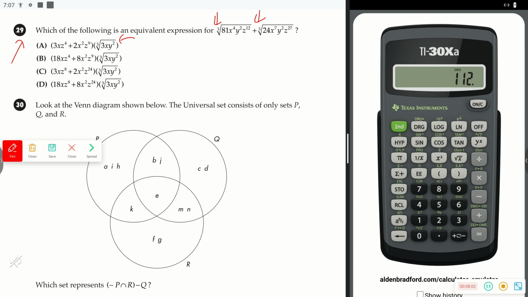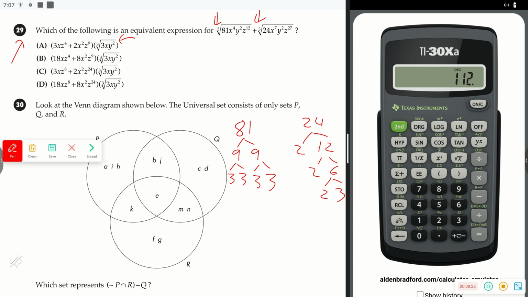So I'm actually going to start by doing factor trees for 81 and factor trees for 24. 81 is going to be 9 times 9, which is 3 and 3, and 3 and 3. 24 is 2 and 12, which is 2 and 6, which is 2 and 3.